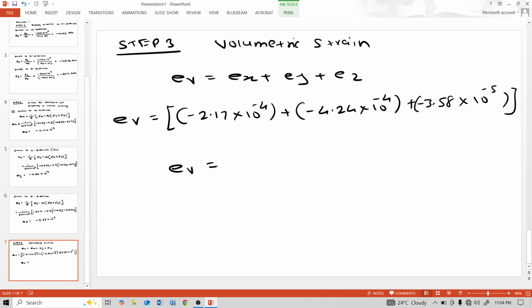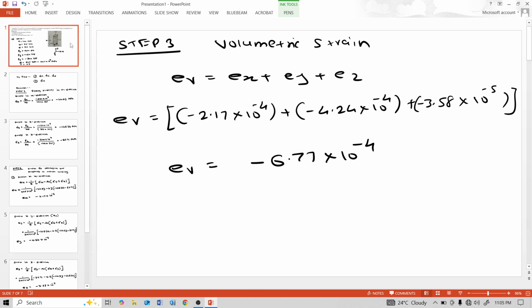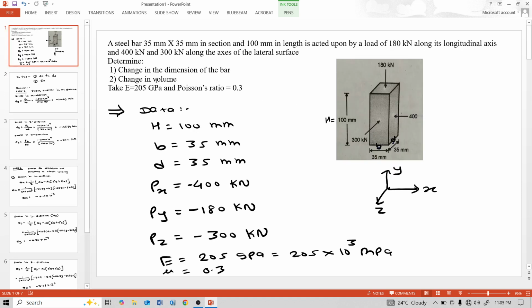That is minus 6.77 into 10 raised to minus 4. And our objective is calculation of change in dimension of the bar.